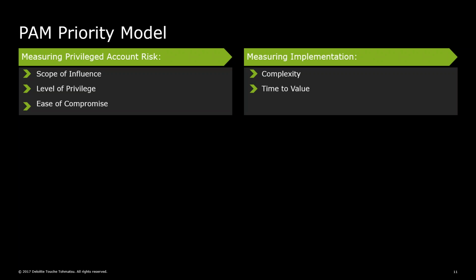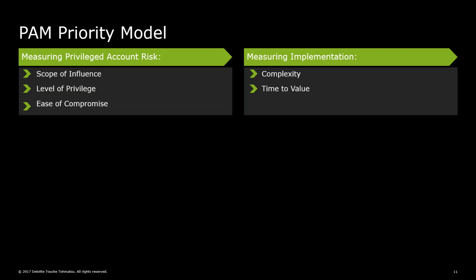So first, we're going to measure the privileged accounts' risk. The scope of influence: does it address everybody, 1,000 administrators or only 10 administrators? Does it address end users, just regular users? Does it only address a certain skill group like DBAs and so forth? Level of privilege.